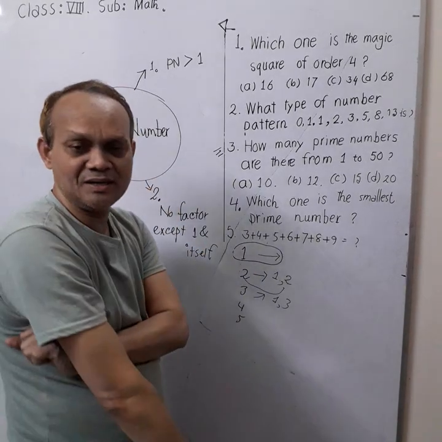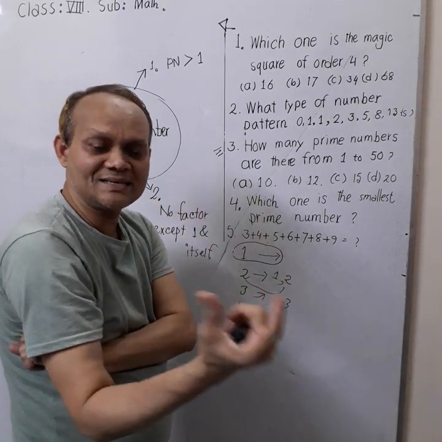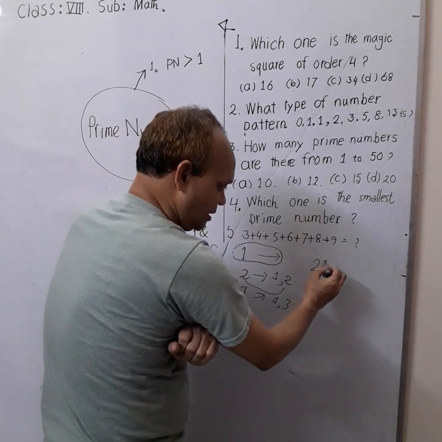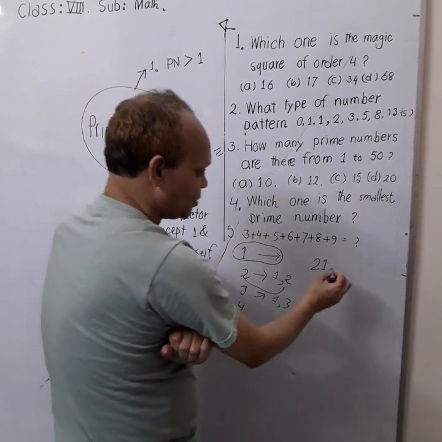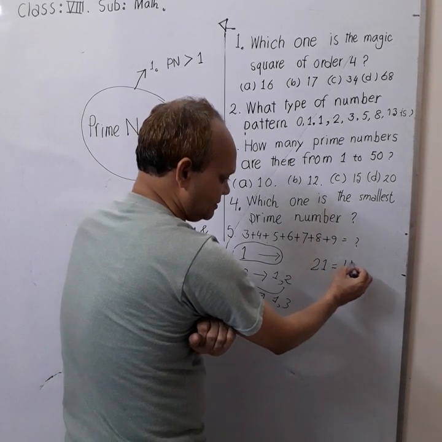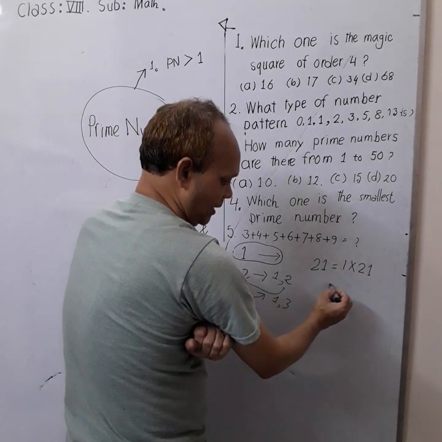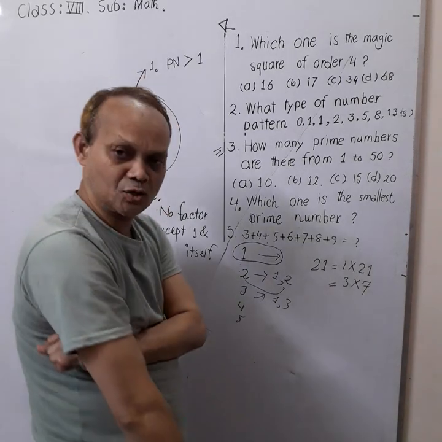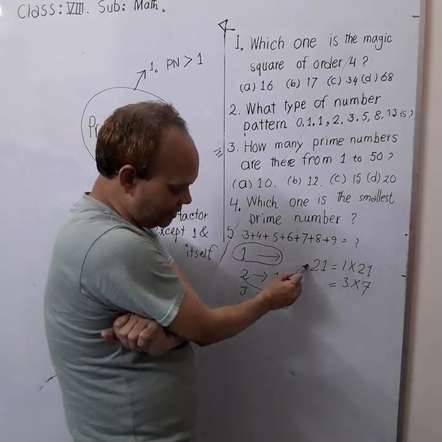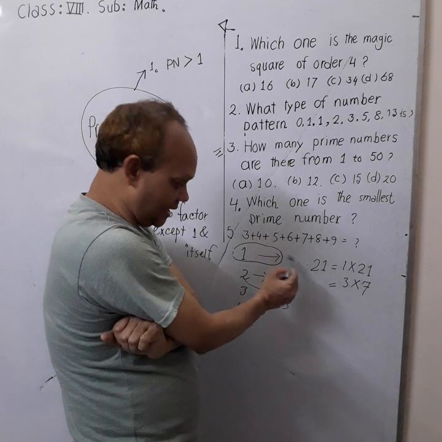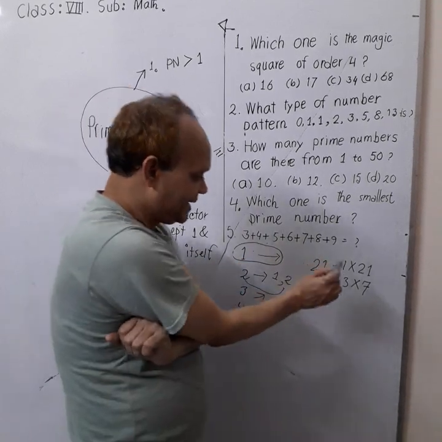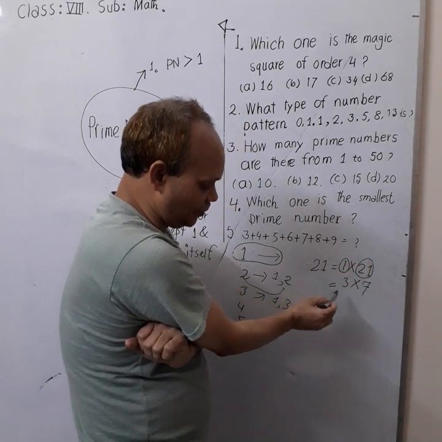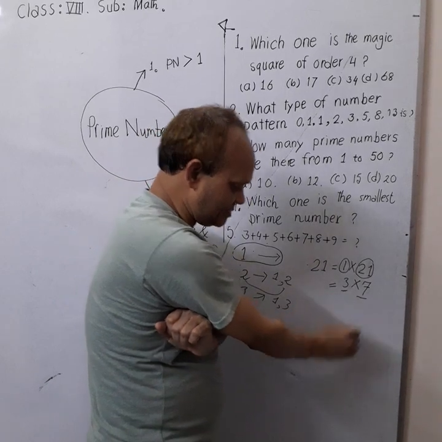Now my dear students, let us analyze a little bit bigger number. Think about 21. You can think 1 into 21, you can think 3 into 7. So it is seen that 21 is of course greater than 1, but except 1 and itself it has 2 other factors, 3 and 7.